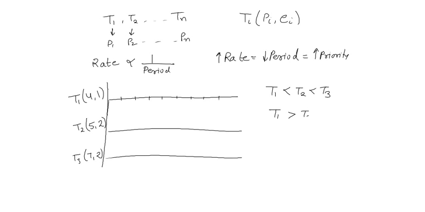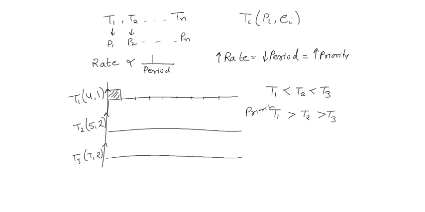Then T2 has the next priority, and the third is T3. Suppose all 3 tasks arrive simultaneously. Which one will be executed first? The one whose rate is high, so T1 is executed first.